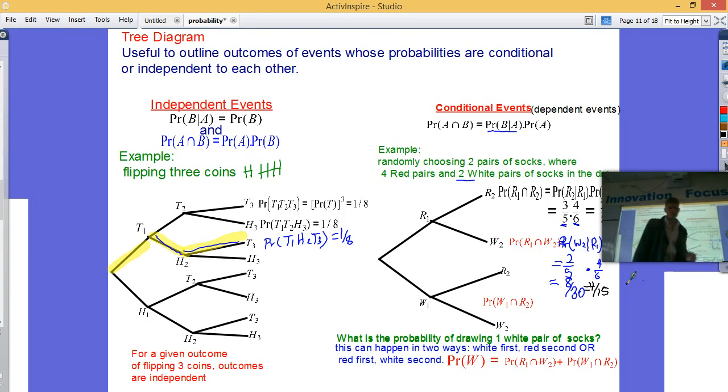So let's look at a more focused question. What is the probability of drawing 1 white pair of socks? Well, we can get 1 pair of white socks in 2 ways. It could happen with white picked first, and then any other color like red. And then what about if red was picked first and then white was picked second?